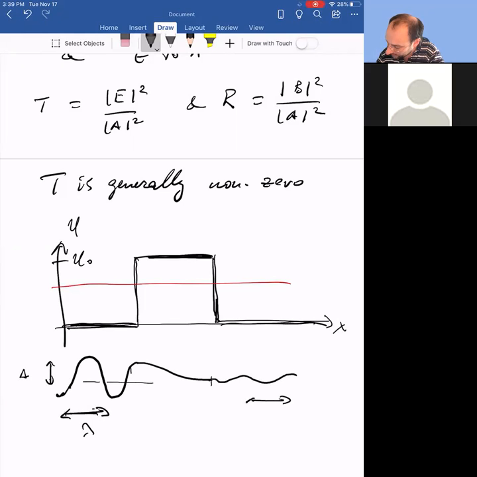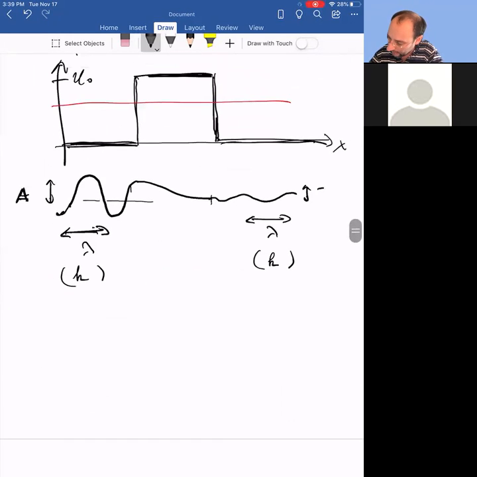So the wavelengths are the same, or K and K. The wave numbers are the same, but the amplitudes are not the same. And ooh, what's going on here? And generally, E is less than A, and typically much less than A. So if the barrier is wide, most of the wave function will decay.